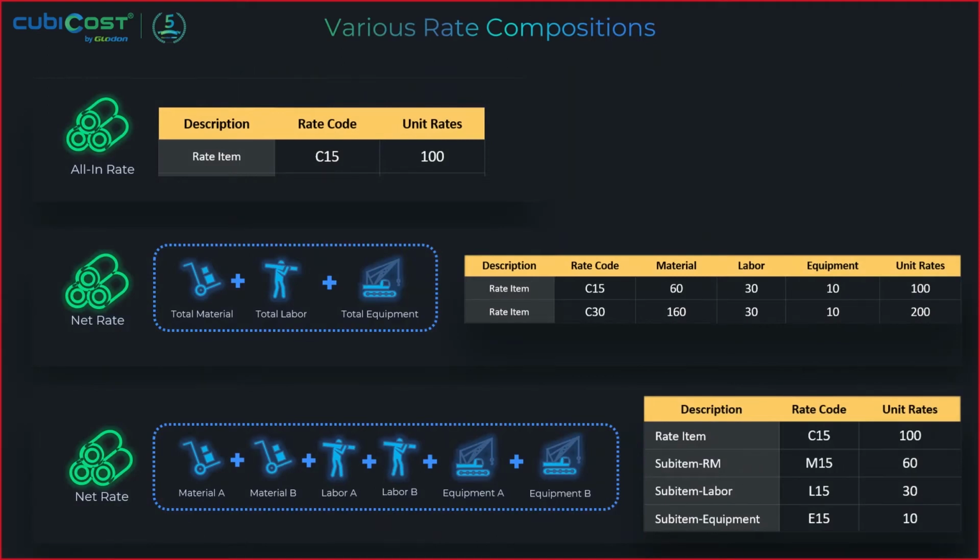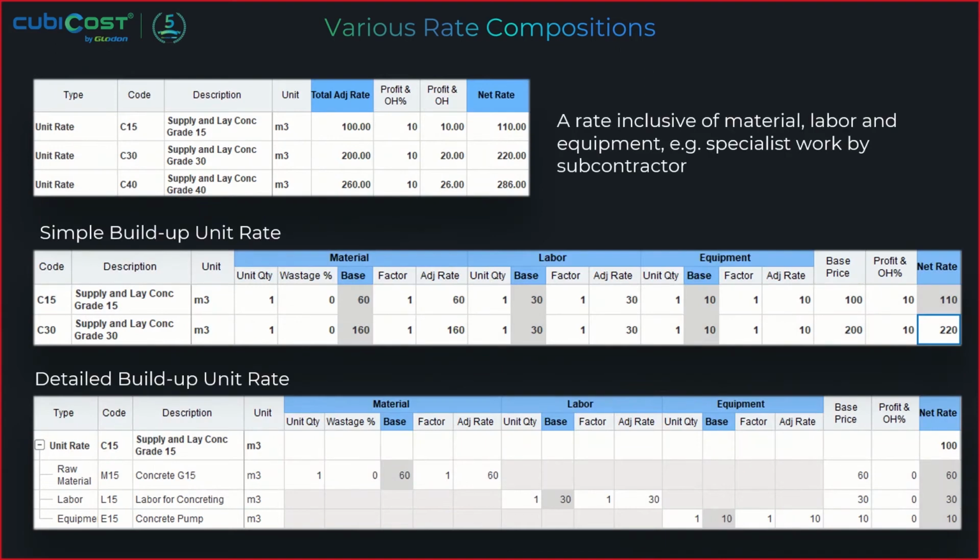So build up rates can be complex. In TBQC, you can build up your rates in various flexible ways. Either it is an all-in rate without breakdowns or a rate with extensive build-up details. So we also can accommodate all these scenarios inside our software.